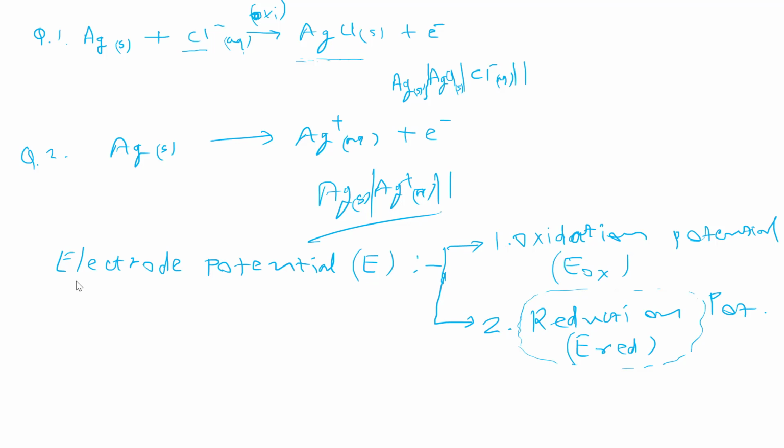As we know, in standard condition it is known as standard electrode potential. Similarly, in standard condition, this is known as standard oxidation potential, and this is known as standard reduction potential. Got it?